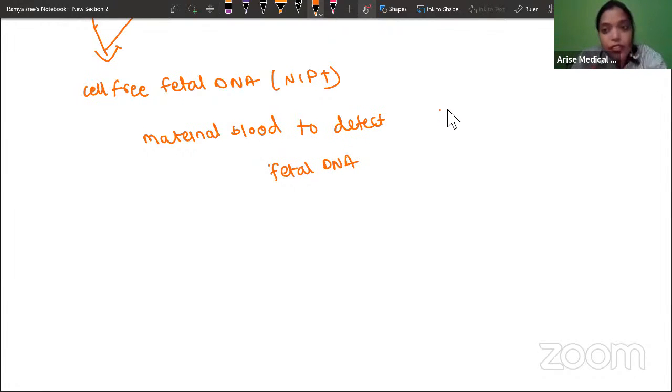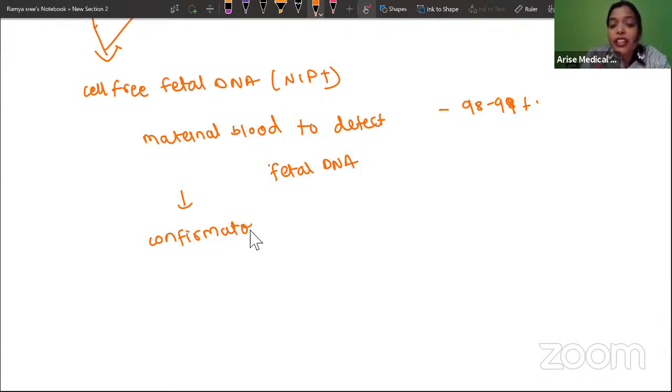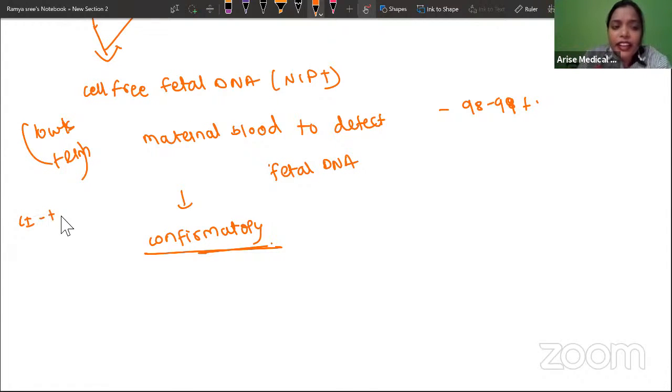The detection rate of this is almost 98 to 99%, but it's still a screening method. If you have an abnormal cell-free fetal DNA, you go for confirmatory methods. And one more thing, cell-free fetal DNA can be used from 10 weeks till term. Anytime you can use. Cell-free fetal DNA is contraindicated in twins.